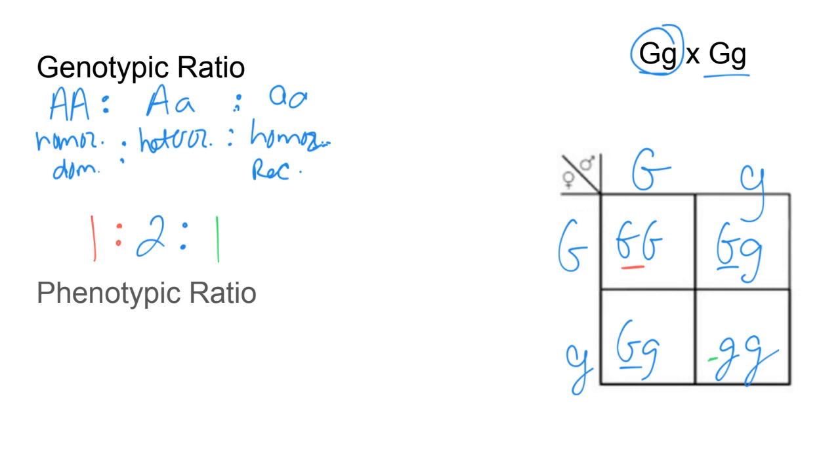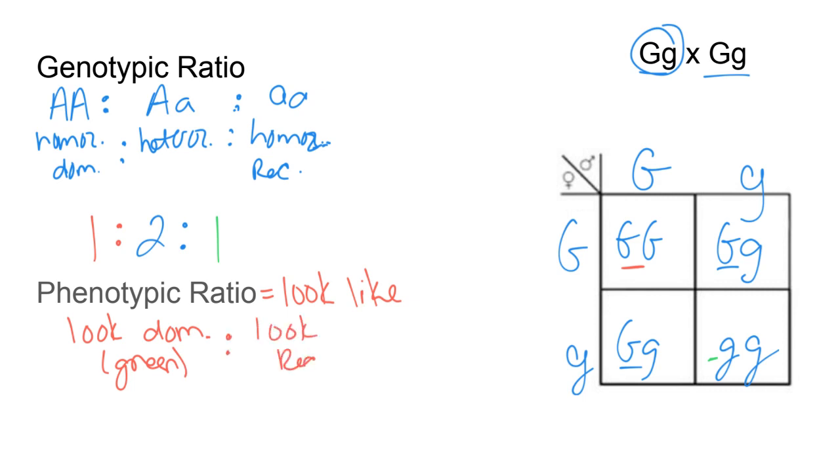For phenotypic ratio, remember, phenotype is the physical. It's what's expressed. It's what they look like. So in this case, I only have 2 options. It can look like the dominant trait, which in this case was green, or it can look recessive, which in this case was yellow. So I'm going to do that based off of the phenotypes.